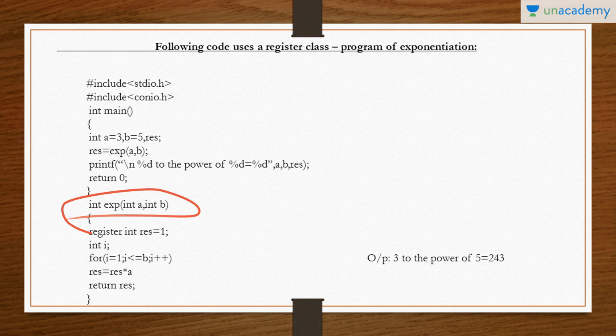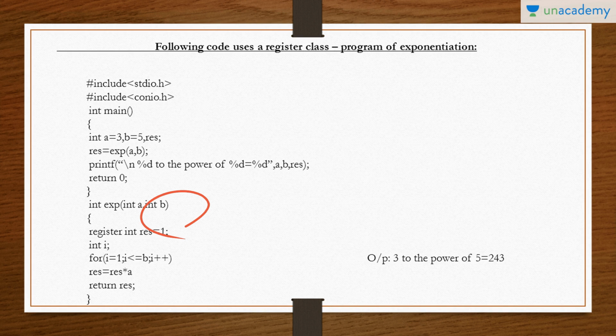As we have used a register storage class, we give here register int result equal to 1. With this, the exponential value will be found with the help of this formula. Now we define an integer i, because we have to use a for loop.